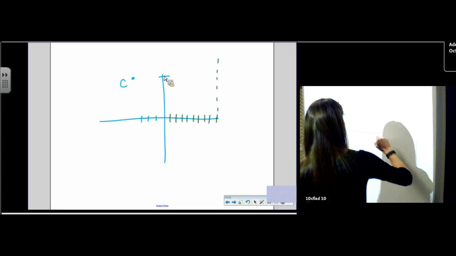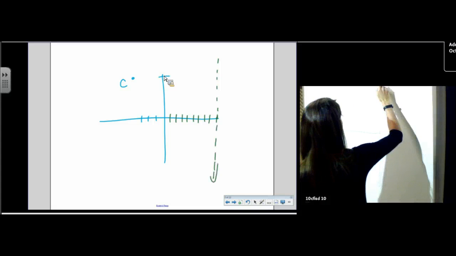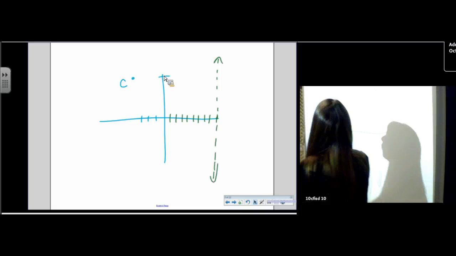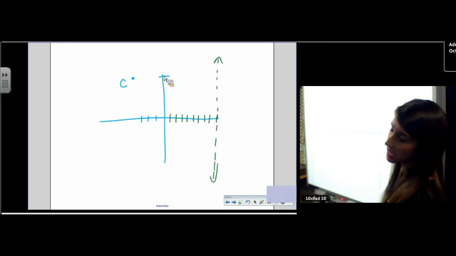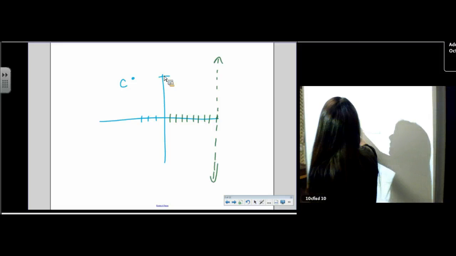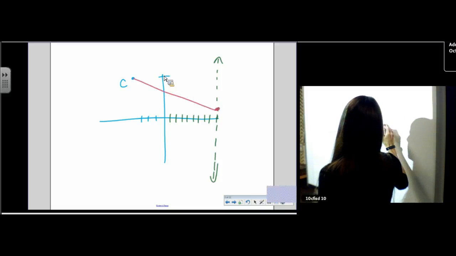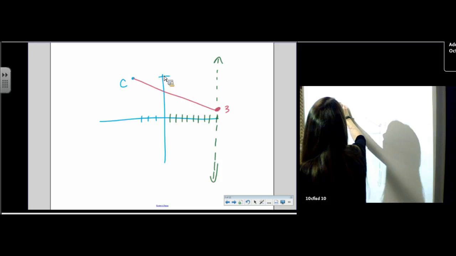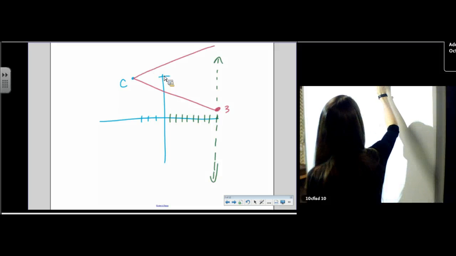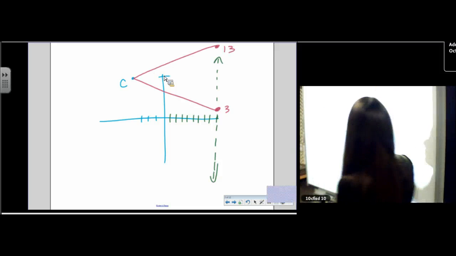We don't know what y is, so it's somewhere on that dotted line. We know that the distance is 13. So we need to go 13, and we could go 13 this way and land at 3, or we could hit the line by going 13 this way and land at 13.